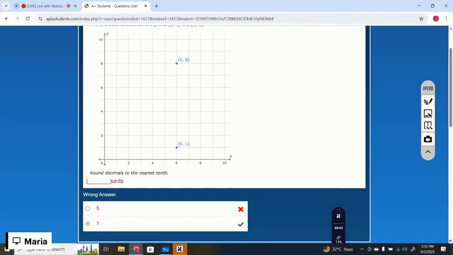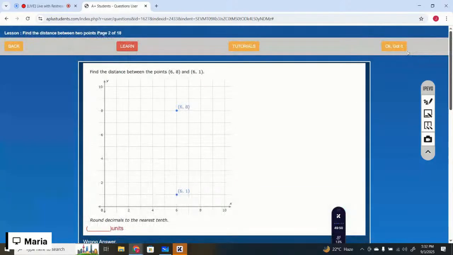So, which is the correct option? Yeah, that is 8 minus 1, 7 units. The correct option is 7 units.